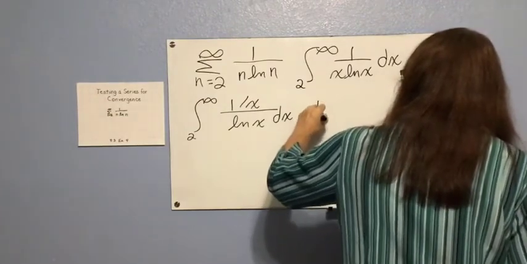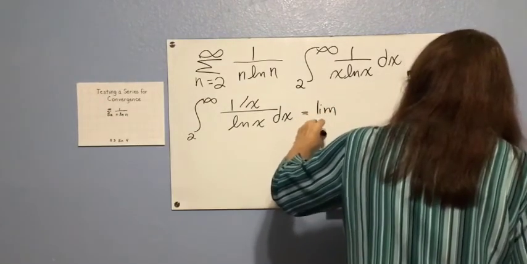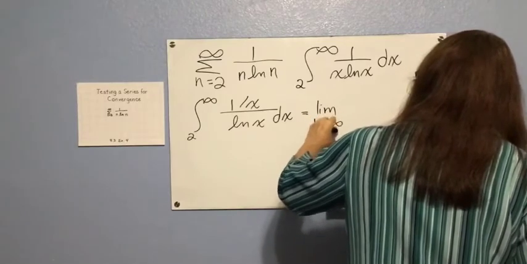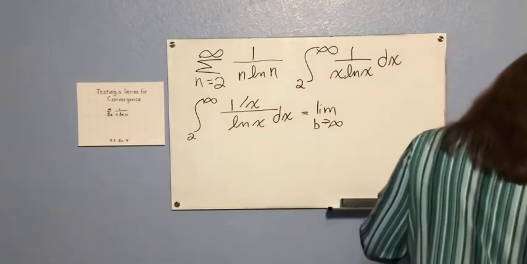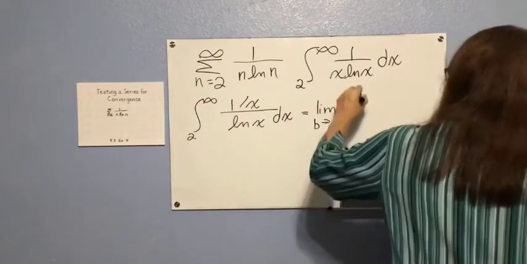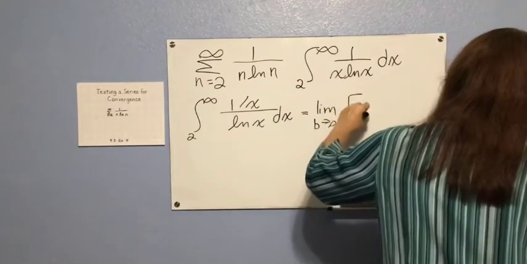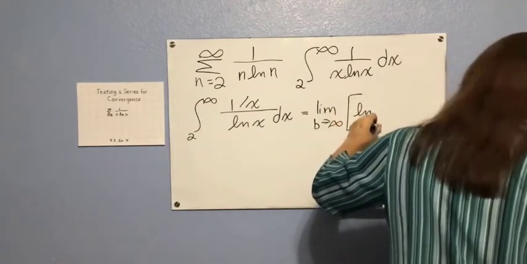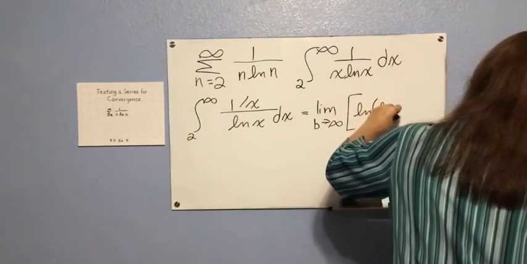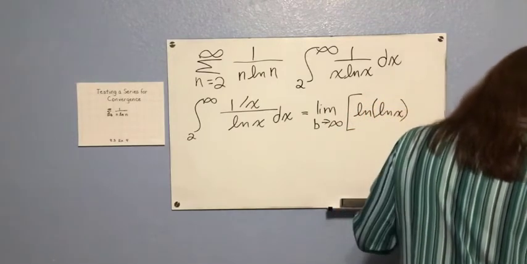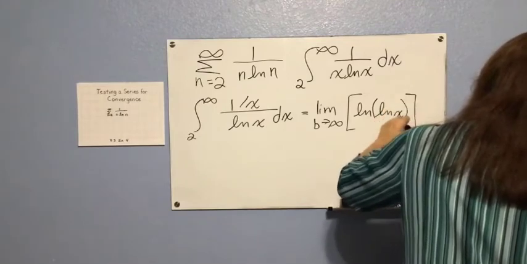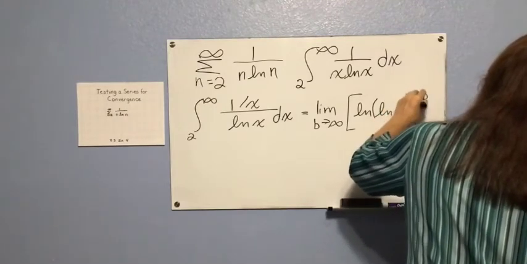It's going to be the limit as b goes to infinity of the natural log of x evaluated from 2 to b.